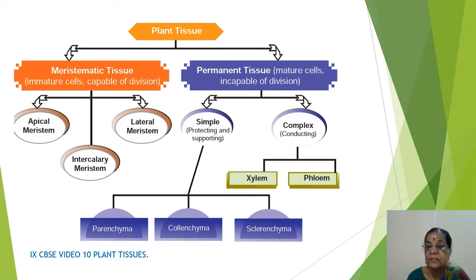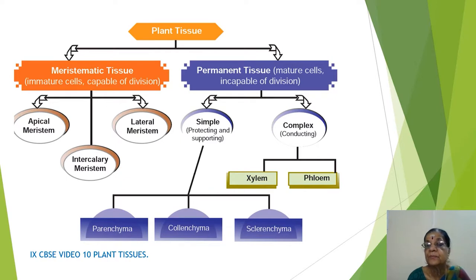Either choose any topic: animal tissue, plant tissue, or fundamental unit of life, cell, cell organelles. I want 5 PPT presentations. Now it is holidays, so finish it during the summer vacation. I don't know when we are giving this video session, but still get it done.